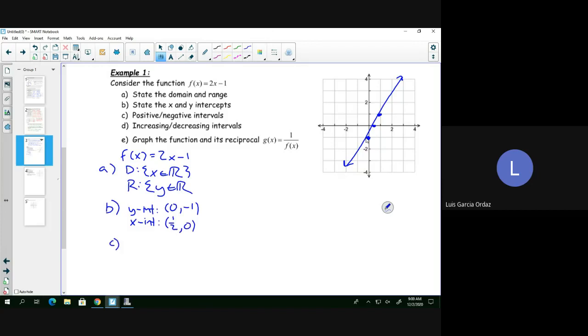Where is the graph above the x-axis? So positive interval, we said from 1/2 to infinity. And how about the graph being below the x-axis, or the negative interval? Negative infinity to 1/2. Yep.